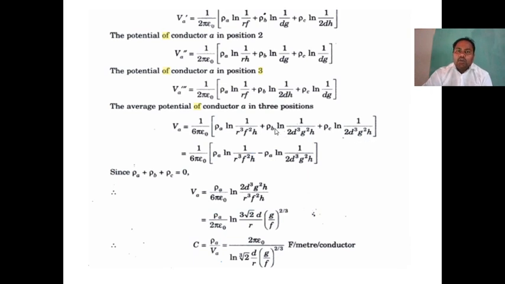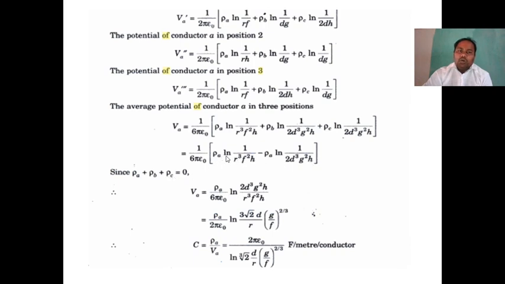Here rho B and rho C have equal magnitude, so take the common factor: rho B plus rho C of log 1 by 2D cube G square H. From the balanced equation, rho A plus rho B plus rho C is equal to 0, so rho B plus rho C is equal to minus rho A. Replace it.